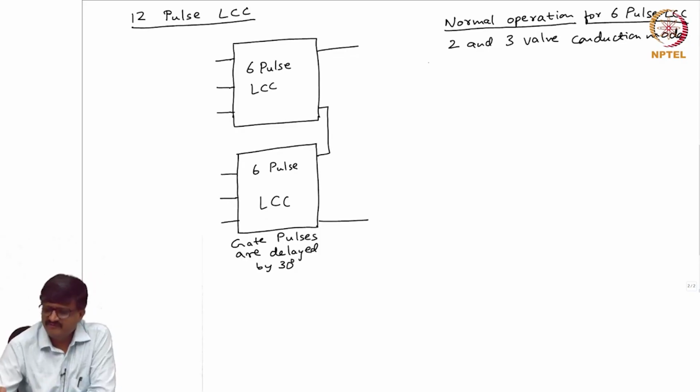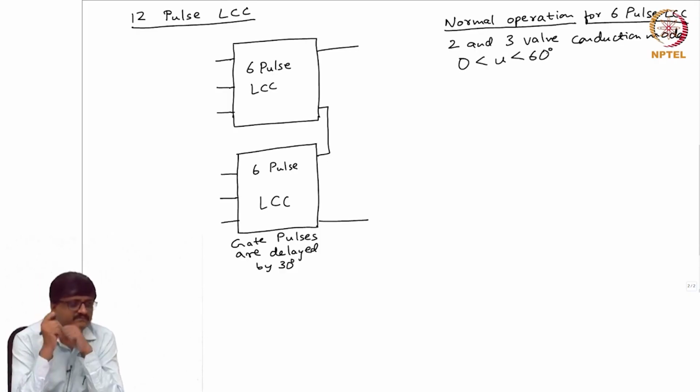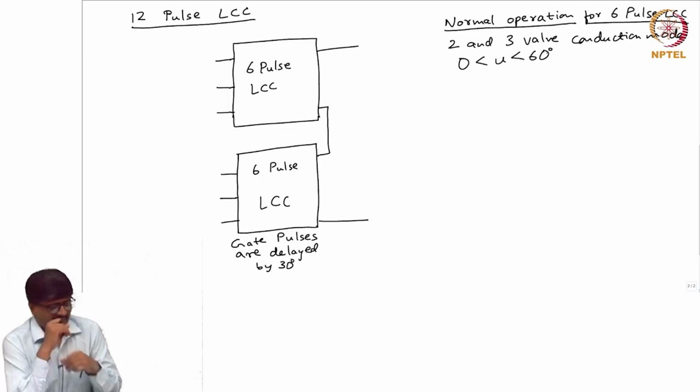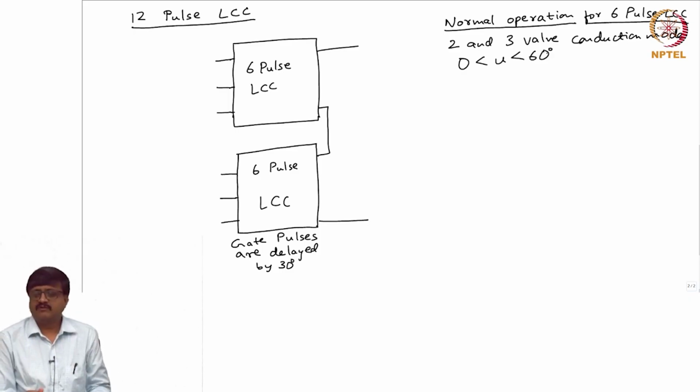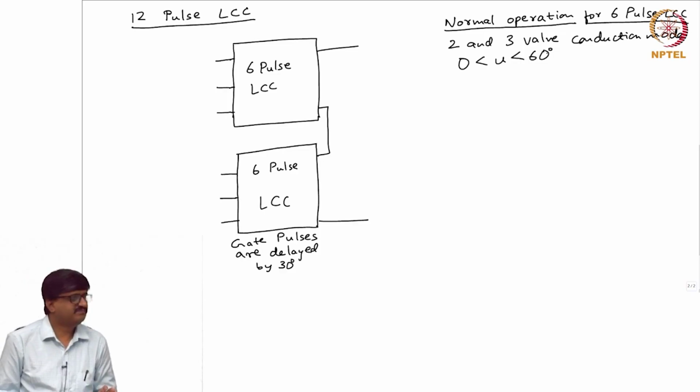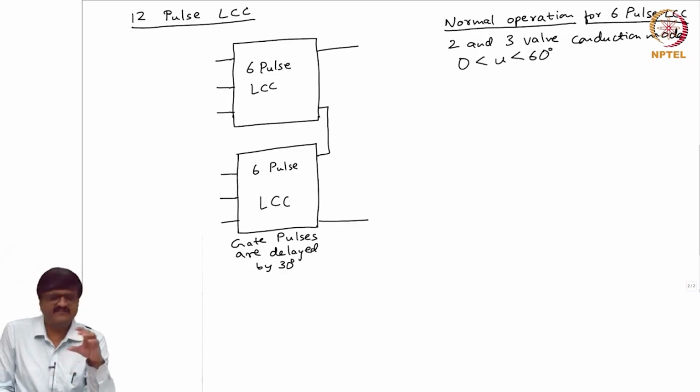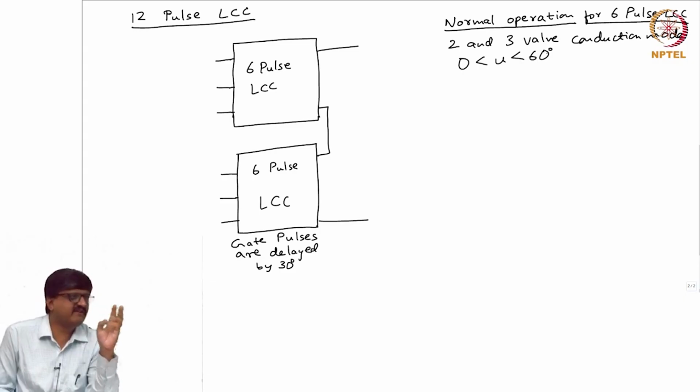See, one point to notice, when I have 2 and 3 valve conduction mode, the value of u is between 0 and 60 degrees. Now, both 6 pulse LCCs are having 2 and 3 valve conduction mode. That means, if you take any 6 pulse LCC, at any instant either 2 valves are conducting or 3 valves are conducting.